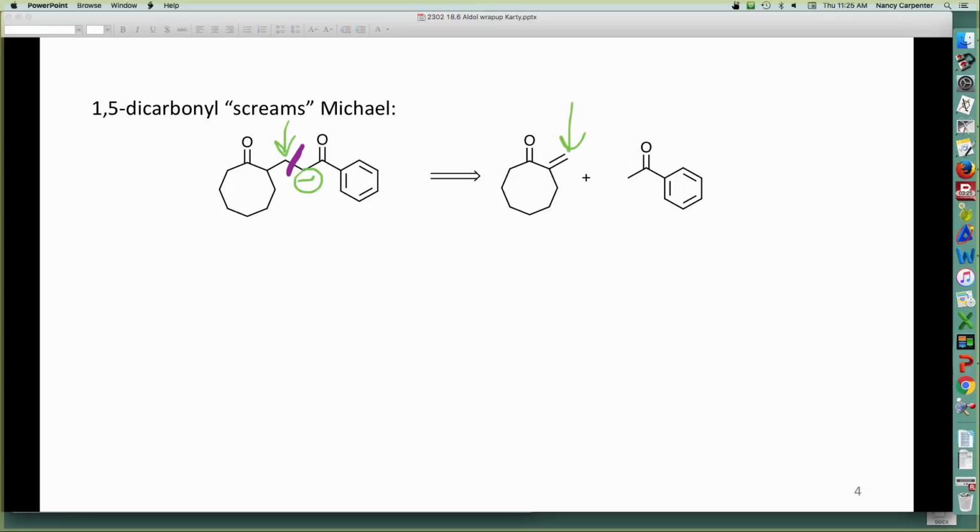What's my electrophile? My alpha-beta unsaturated carbonyl. That's interesting. So that probably was made by an aldol, but that's just an aside. So, looking at it forward, we're talking about making this enolate, adding it to the Michael acceptor.